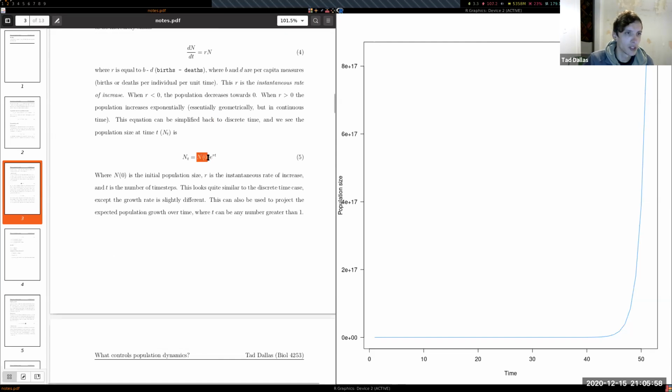But this sort of hints at something, and that's that initial population size really matters. So this gets us to thinking about ideas of population equilibria.